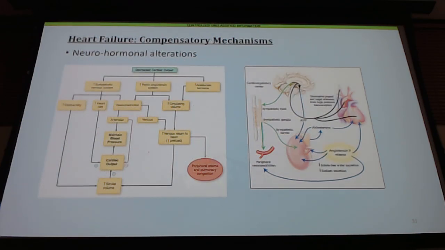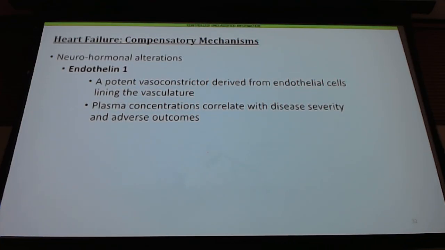And there's a lot of different neurohormonal changes that occur, and the pathophysiologic effects of them can have some pretty profound effects that ultimately will lead to pulmonary edema and pulmonary congestion. Sounds great, right?